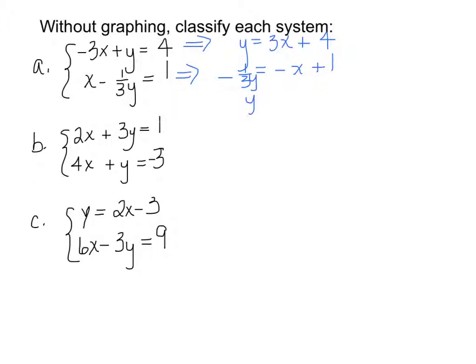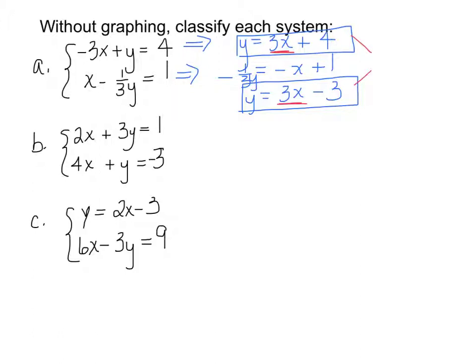And then multiply everything by -3. Alright, so if you notice, the slopes are the same, the y-intercepts are different, which means these two lines are going to be parallel, and that's going to make them inconsistent.